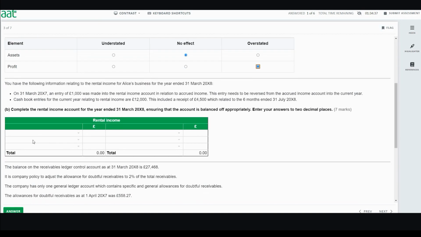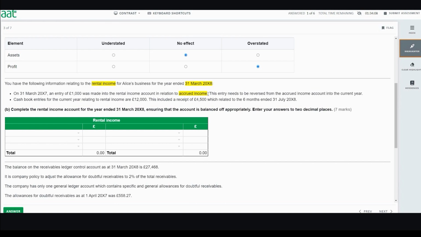Moving on from that then, you've now got the following information relating to rental income. This bit's really important, rental income, and the year ended is the 31st of March 2018, or whatever date. On the 31st of March 2017, an entry of £1,000 was made into the rental income account in relation to accrued income.